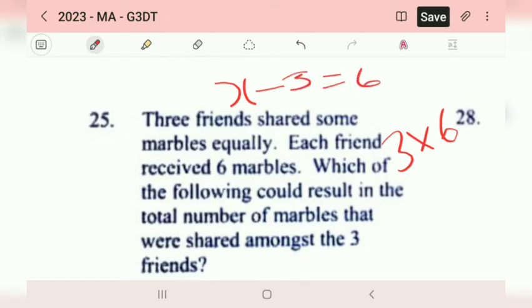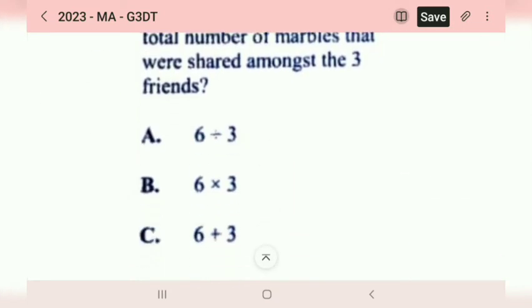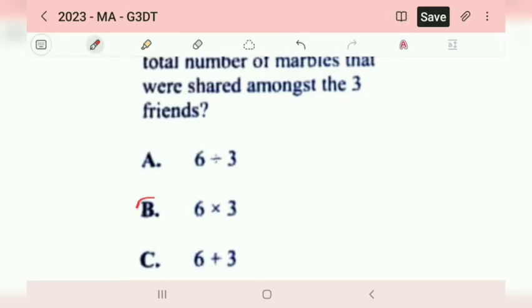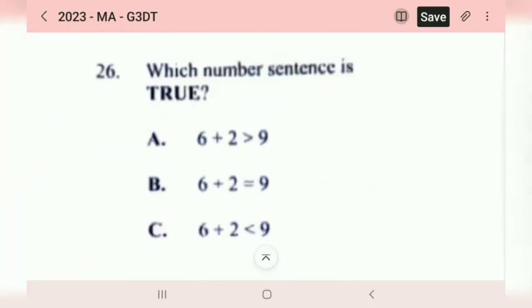We could set it out like that. Which of the following could result in the total number of marbles that were shared among the 3 friends? Let's see. 6 times 3, then we would have 18. Get it? Moving on to the next one.